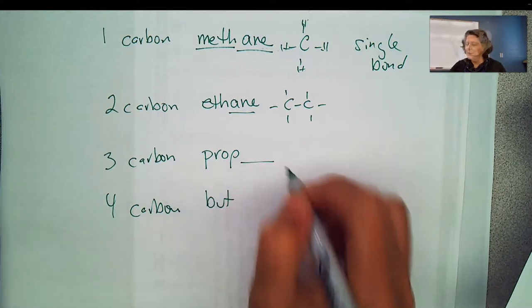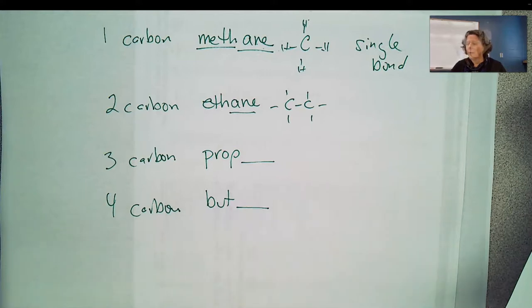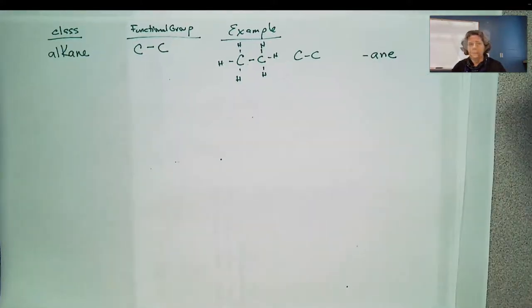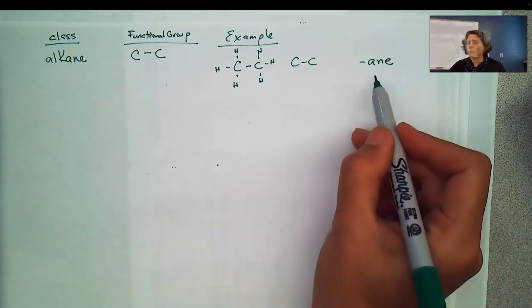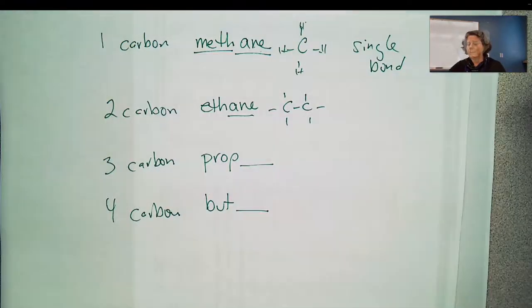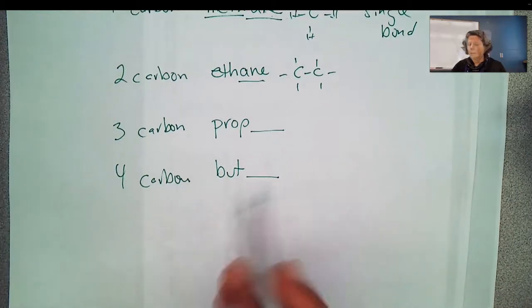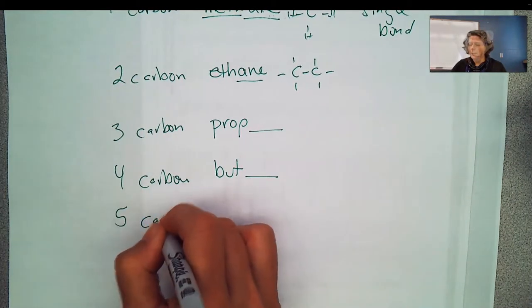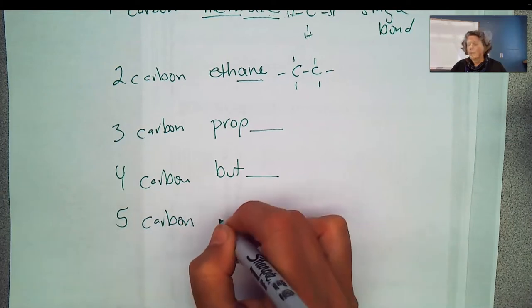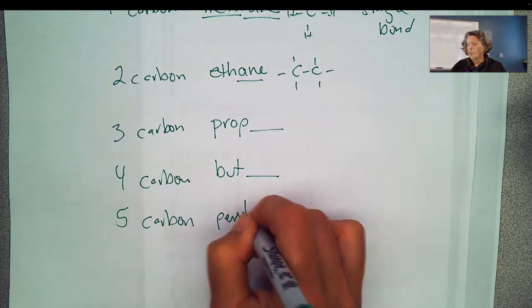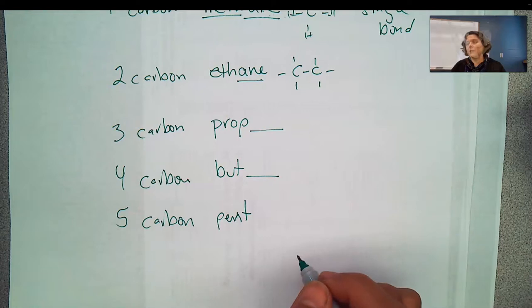So this last part here is where I'm going to be going into these functional groups, where we add that ane at the end. So butane means that they're all single bonded. If there's 5 carbons, it's pent, and if they're all single bonded, it's pentane.